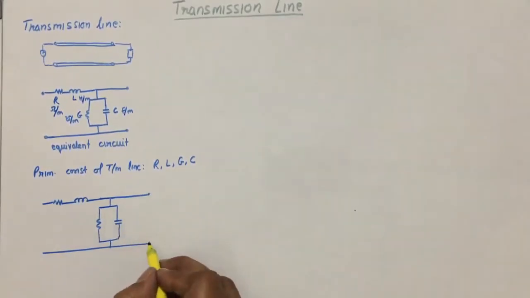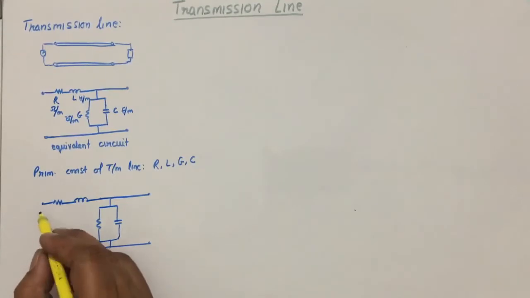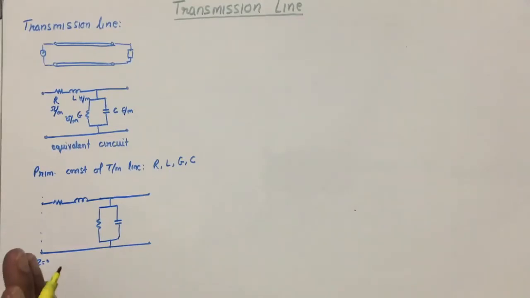Now for the discussion purpose, let us assume that the voltage and current waves are traveling in z direction. So let us consider that the source is placed at z is equal to 0. Now the waves are traveling in z direction from z is equal to 0 onward.